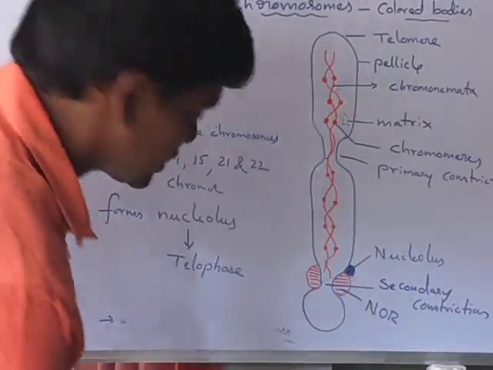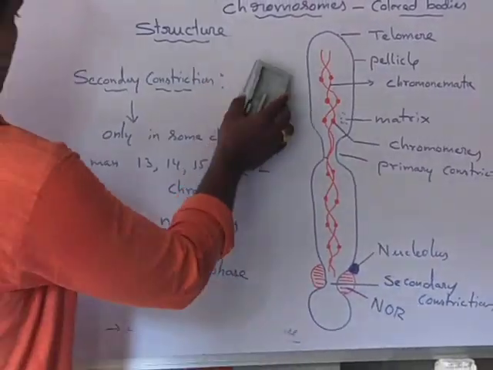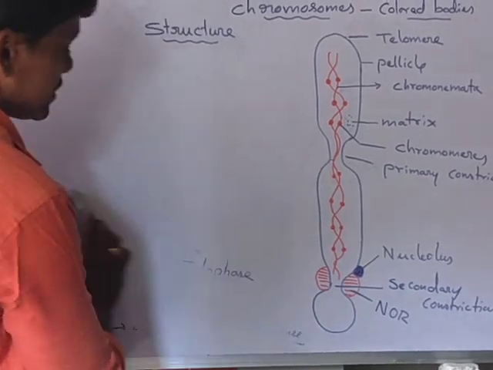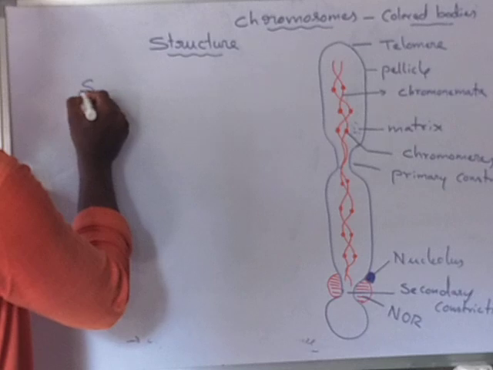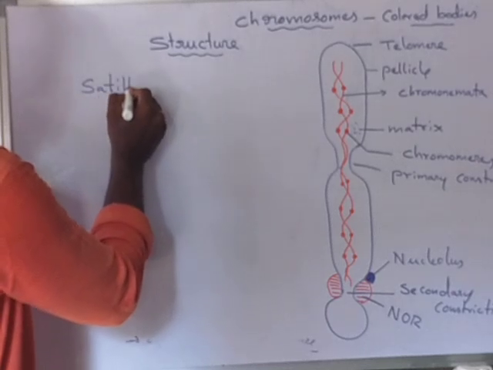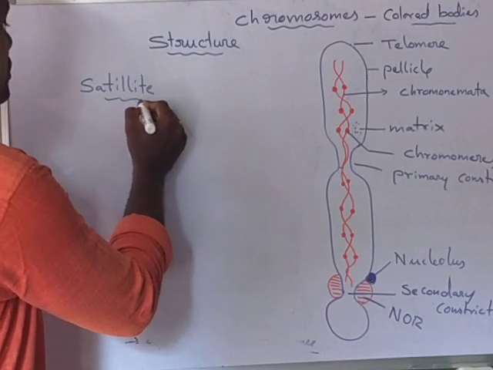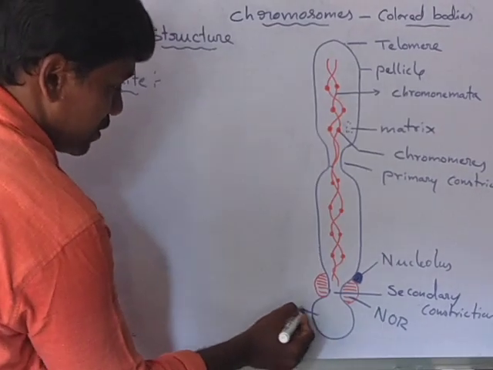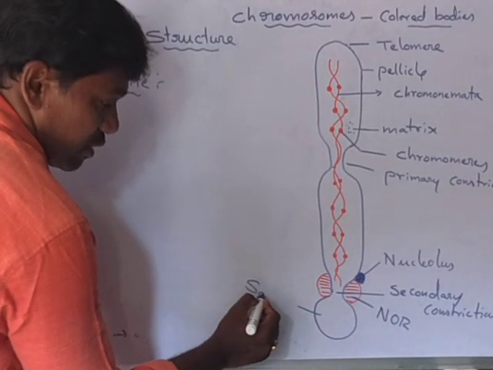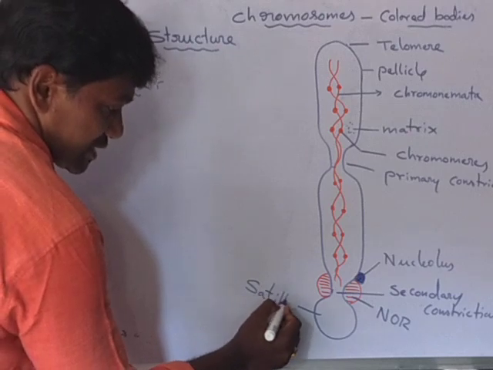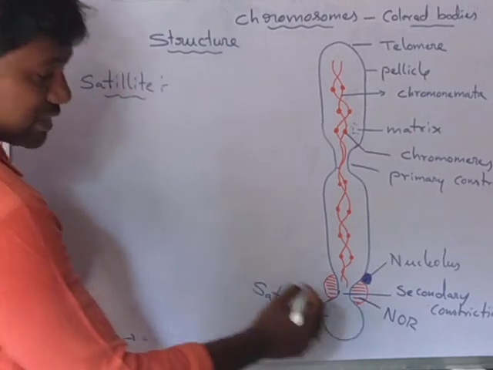Another part is called the satellite. This is a dense dot-like structure called the satellite.